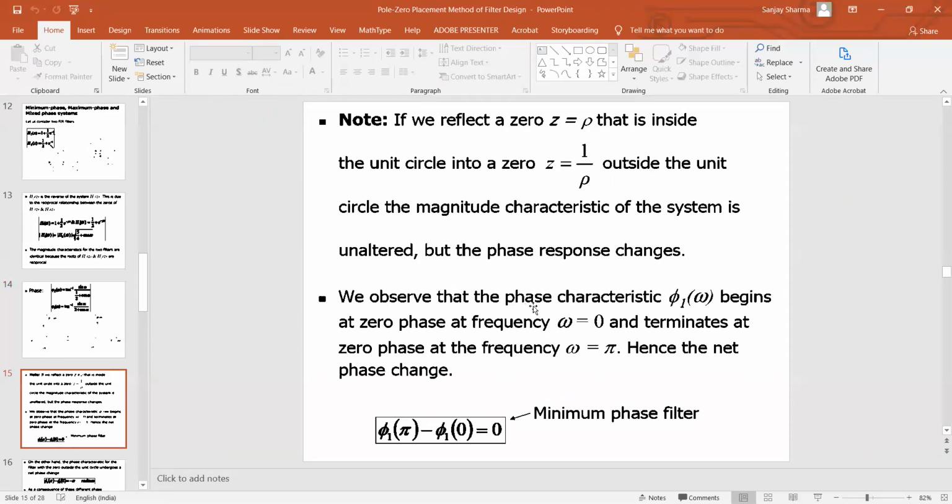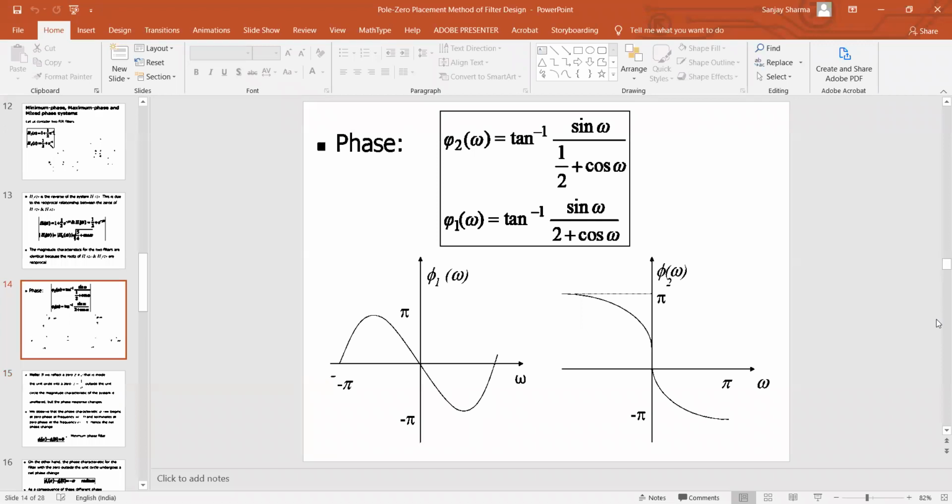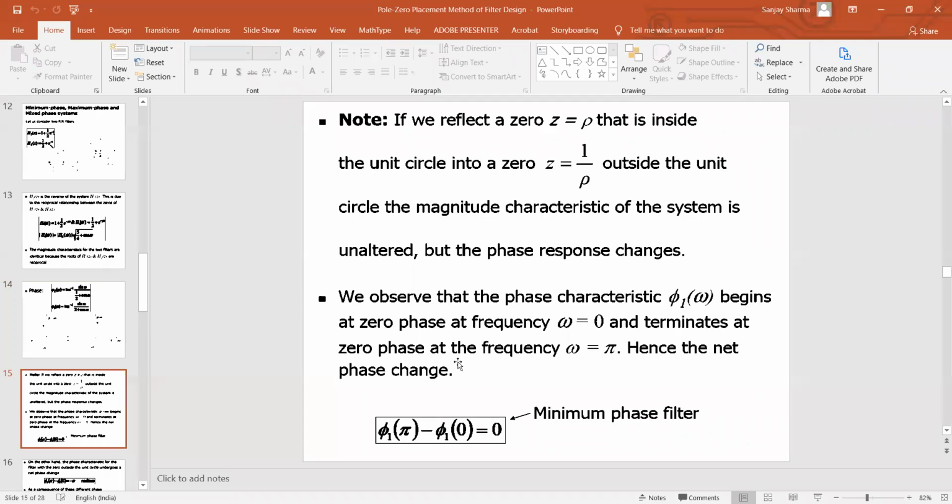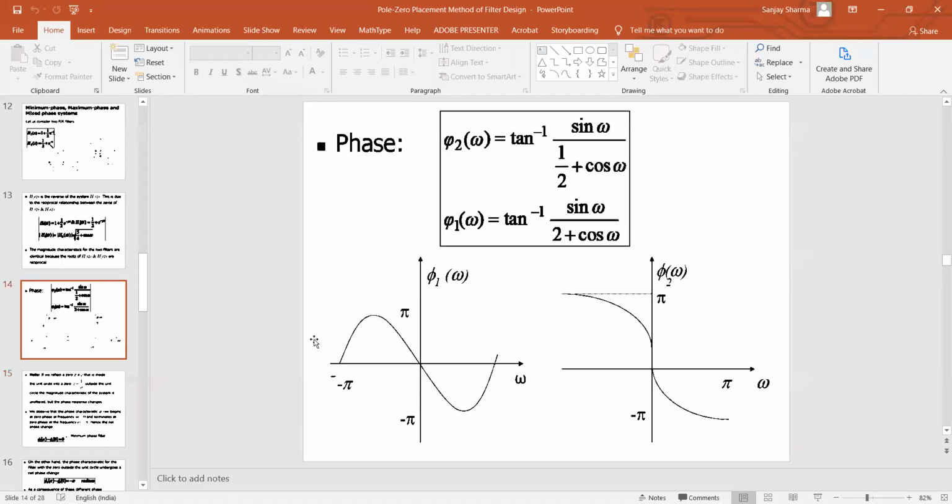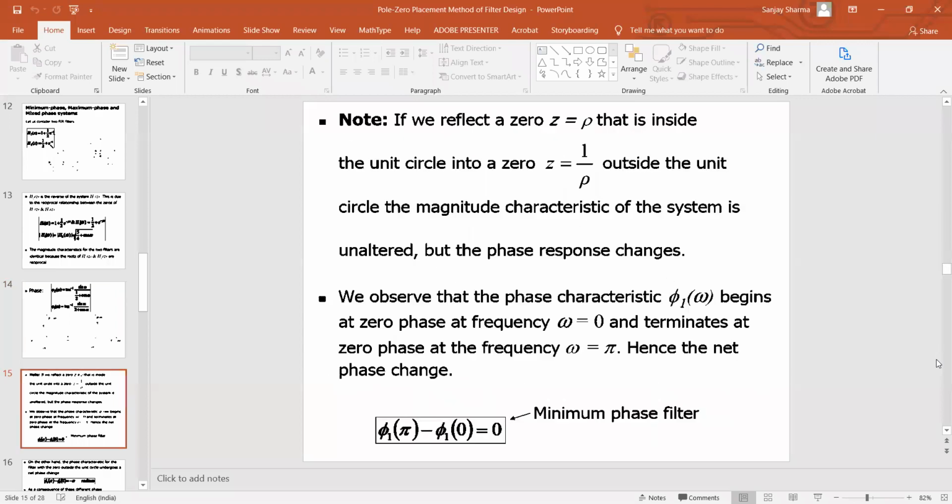We observe that the phase characteristic for the first system, phi 1 of omega, begins at 0 at frequency omega equal to 0, and terminates at 0 phase at the frequency omega equal to pi. So it begins at 0 and terminates at 0. Hence the net phase change, phi 1 of pi minus phi 1 of 0, is 0. Therefore, these types of systems are known as minimum phase filters when the zero is inside the unit circle.